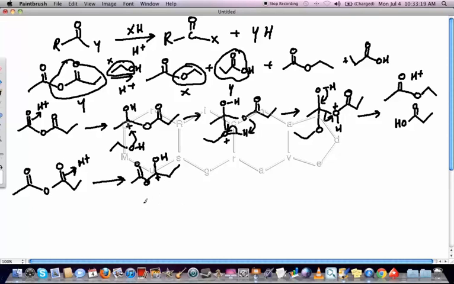And now the alcohol will come in and attack from this side on the C plus. Let me make that double bond a bit clearer. There we go.